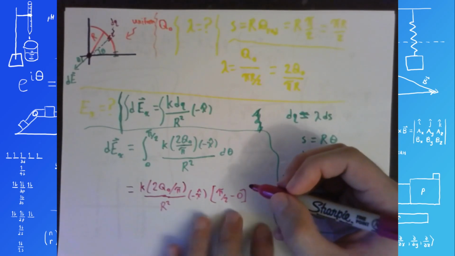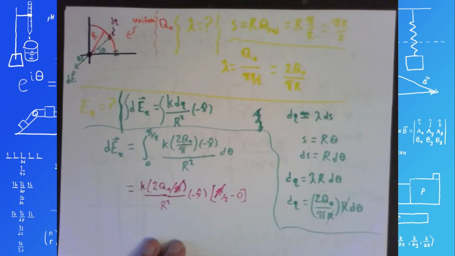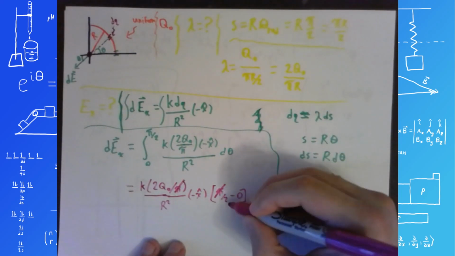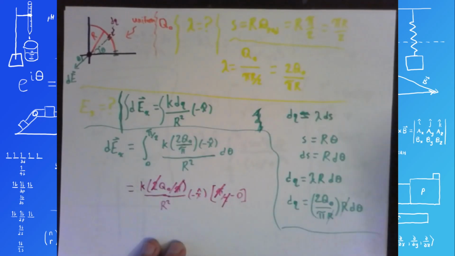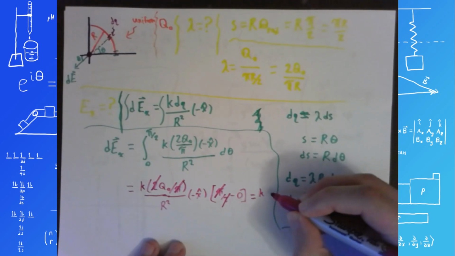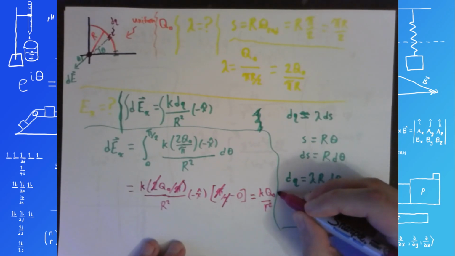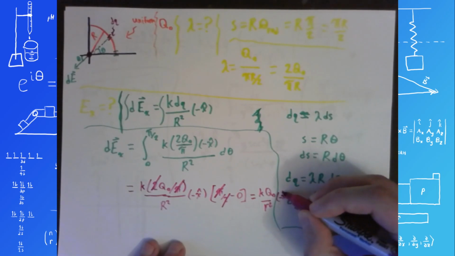And that's just multiplying by pi over 2. This pi cancels with this, and the 2's cancel out as well. And that leaves us with k q0 over R squared times negative x hat.